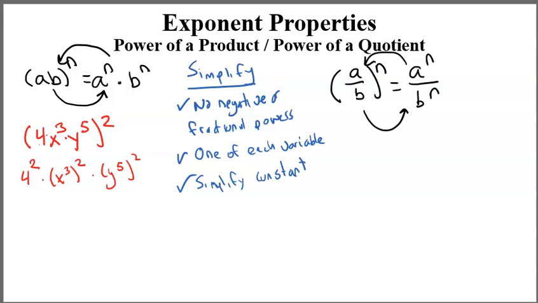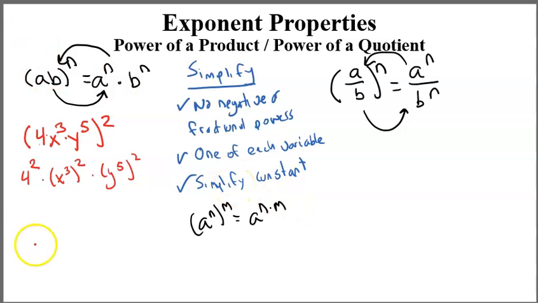We're going to do this in black. Here I have a power to a power. Anytime you have something with an exponent raised to an outer exponent, to make it one exponent, you multiply the inside power by the outside power.